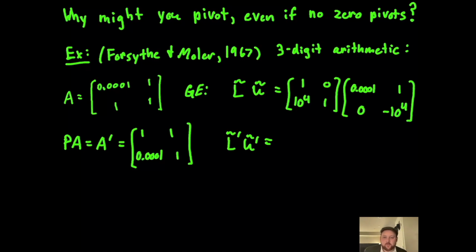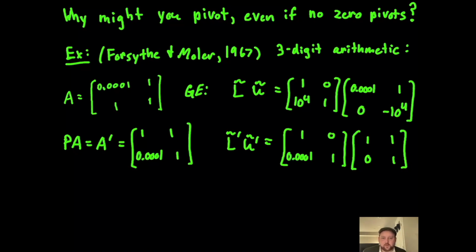Not A. This is A with the swapped rows. And so what I get now is 1, 0, 0.0001, 1, and then I get 1, 1, 0, 1.